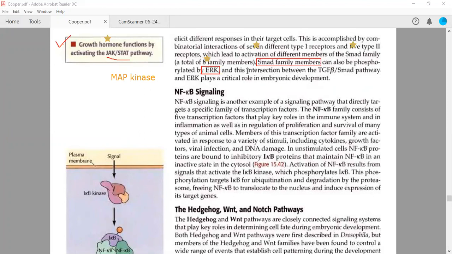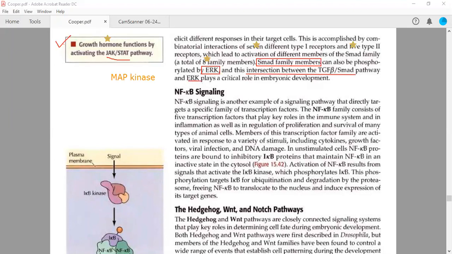And this type of intersection between these two pathways, because these are two completely different pathways of cell signaling, is showing some kind of intersection between these two cell signaling pathways. So one is the transforming growth factor beta SMAD pathway, and the second is your MAP kinase pathway.